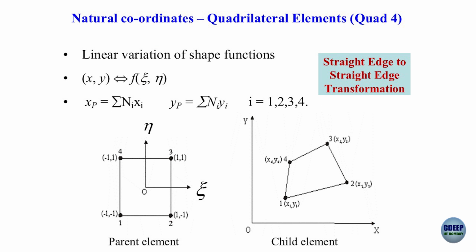So this is what I am going to propose. Since we are familiar now with shape functions, interpolation functions and so on and so forth, I am going to say x and y coordinates themselves. First I concede that node 1 here, whose coordinate is -1, -1, is mapped to x1, y1. Node 2 is mapped to x2, y2. Node 3 is x3, y3. Node 4 is x4, y4.